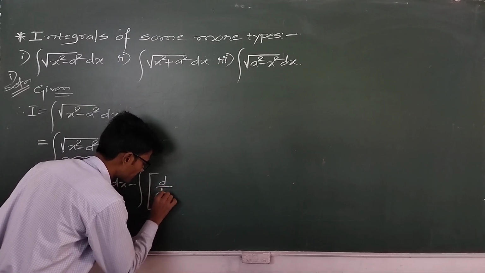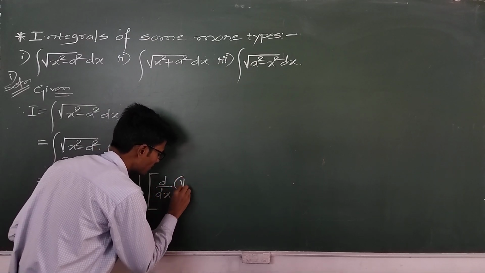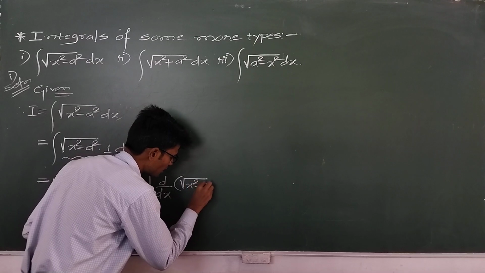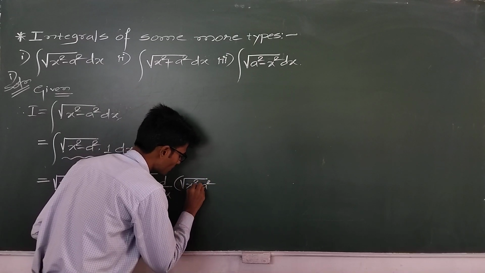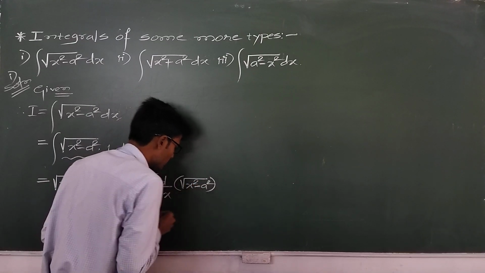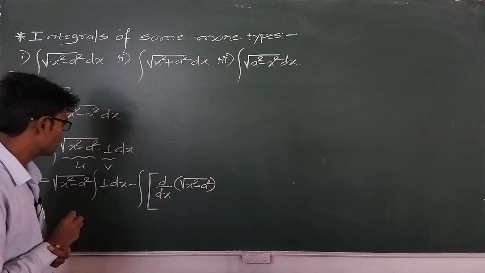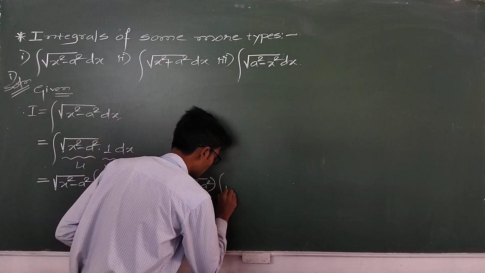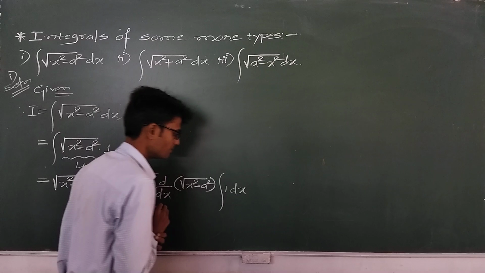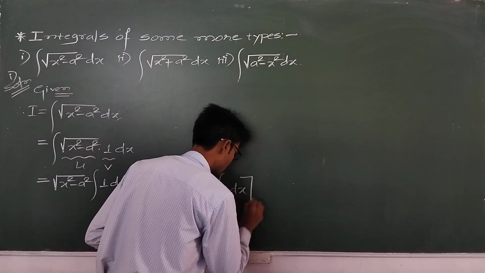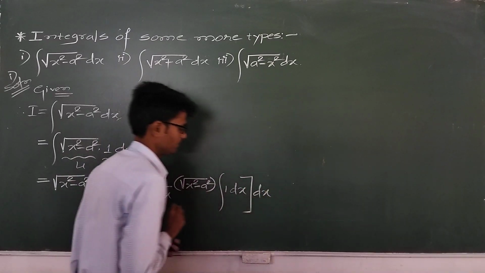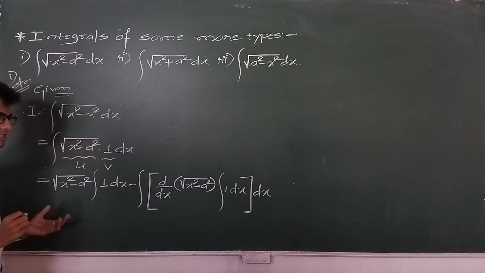differentiation of square root of x square minus a square. After that integration of 1 with respect to x, bracket complete. Next, with respect to x. Right? So this is by using the integration by parts formula.